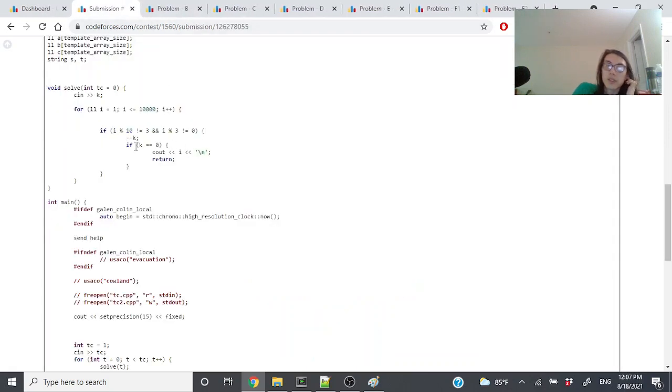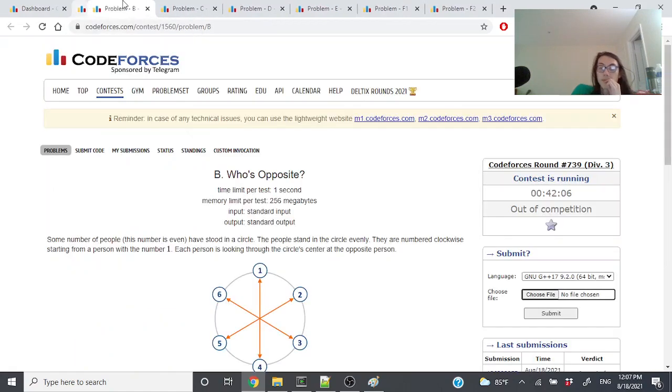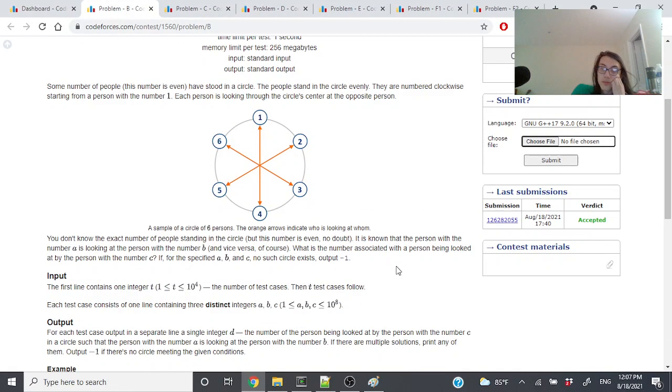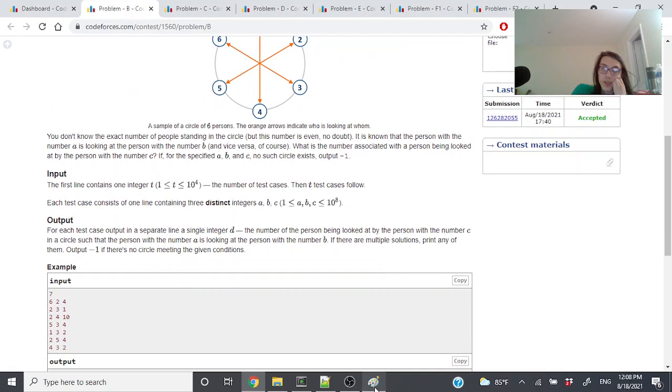You check the conditions, and then when you've seen k numbers that are good, just print that one. So this is the kth good number, and then I would just print that.